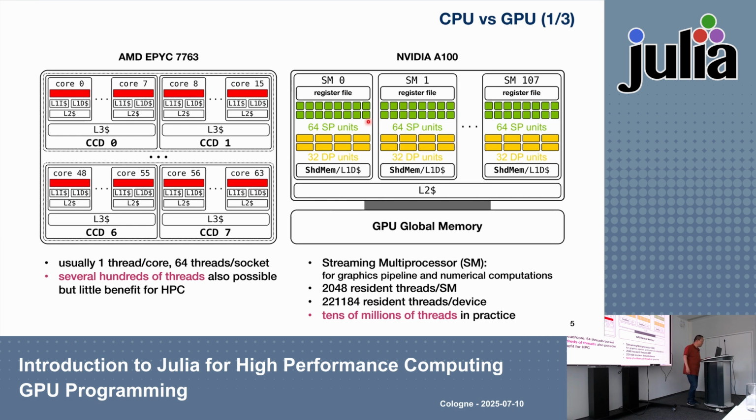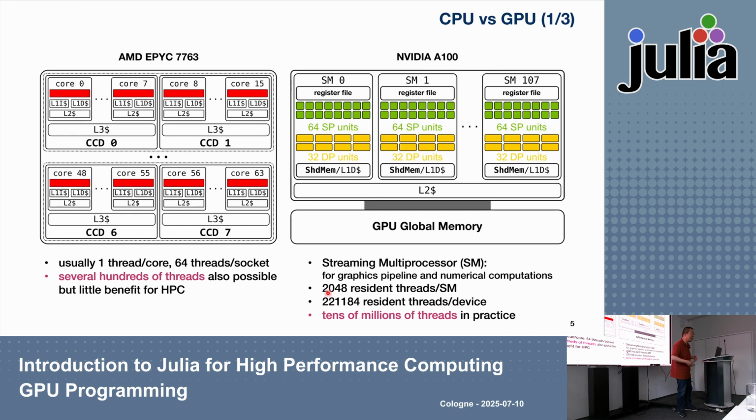As one streaming multiprocessor has 64 CUDA cores, if you do the simple multiplication, you will see that there are maybe 5,000 CUDA cores. This sounds already powerful, right? For one CPU, you have 64 cores, here 5,000. And for one streaming multiprocessor, you are able to have up to 2,000 threads.